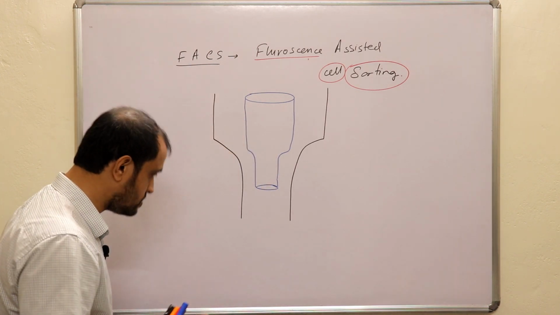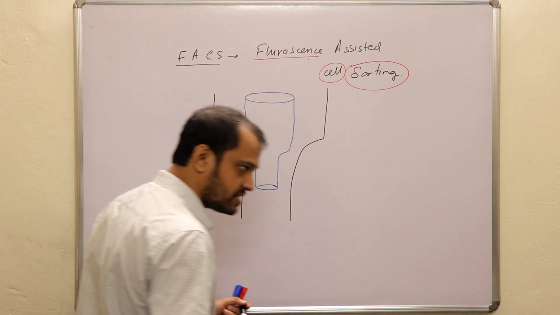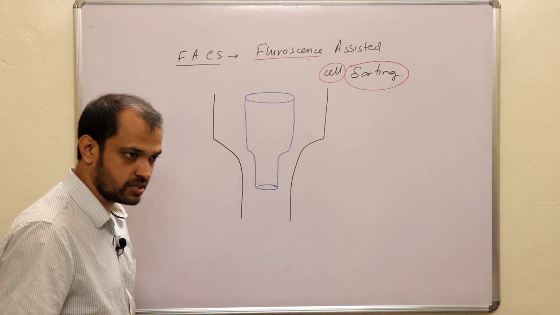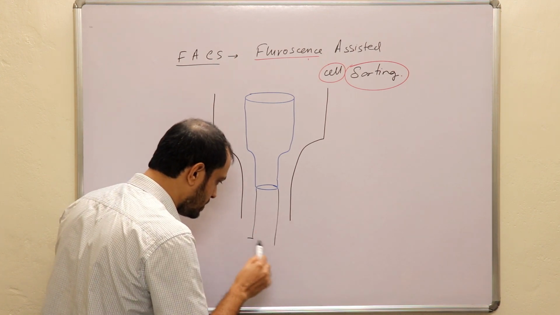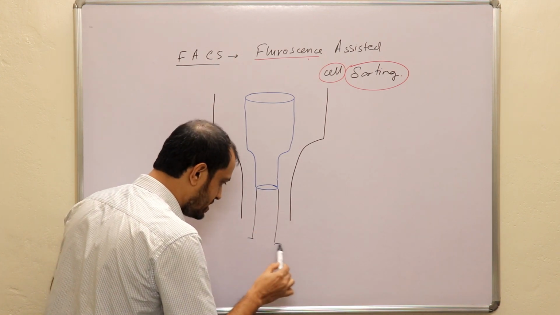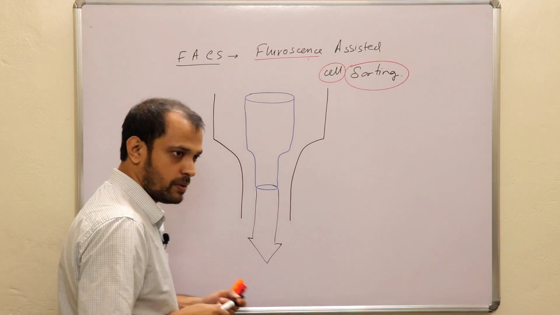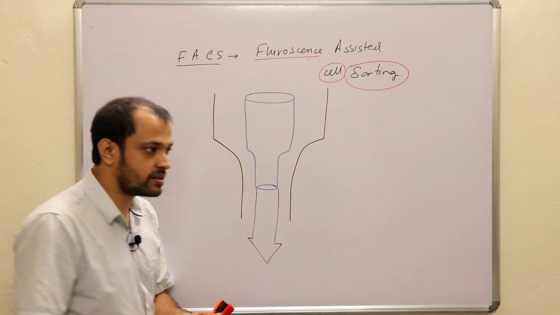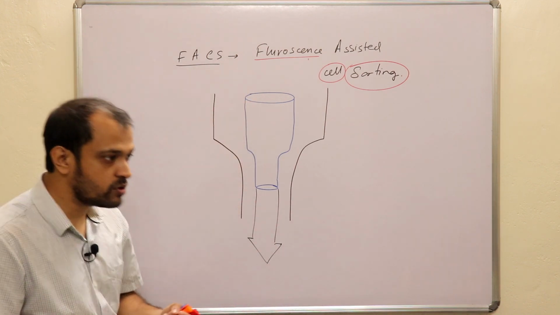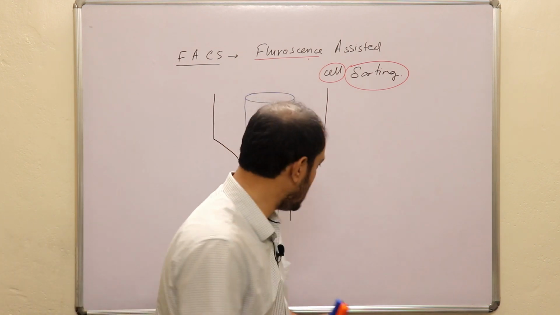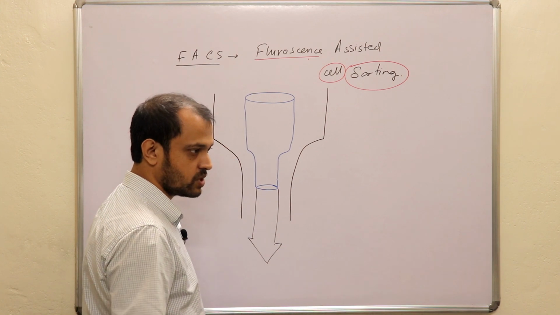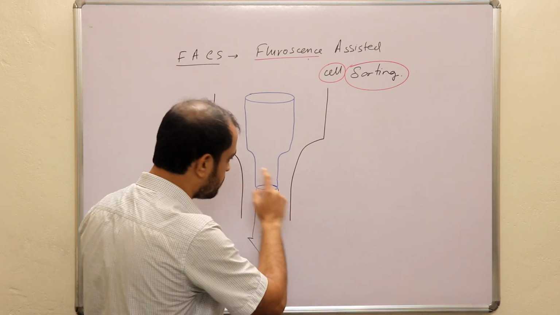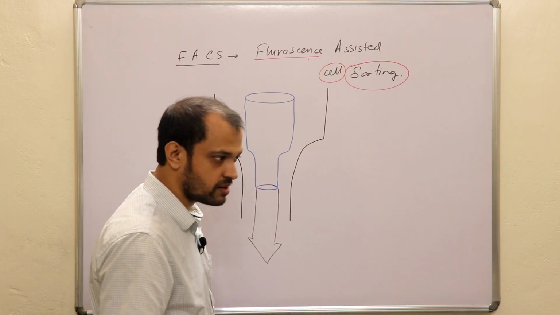Now listen with all your attention. We have already discussed that with the help of hydrodynamic focusing, we have created a streamline flow of any fluid. But when you are trying to know FACS, we will have to add many additional compartments here. What are those additional compartments? Listen.